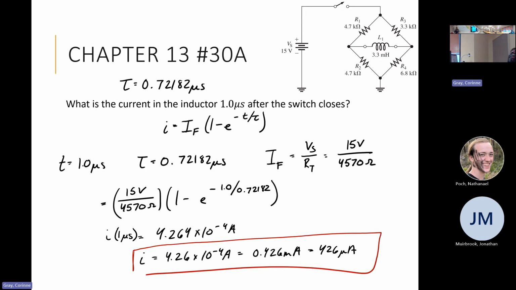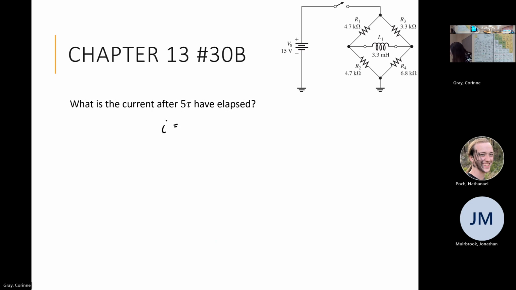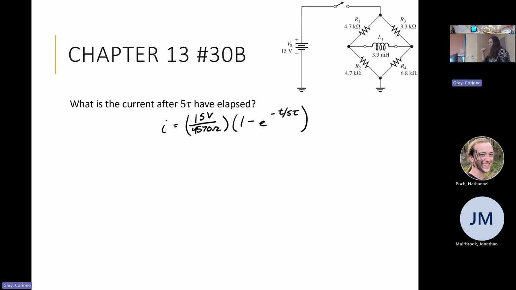We already have our current value, it's 15 divided by this monstrosity, whatever it happens to be. We still have 1 minus e to the minus t divided by 5 tau now.